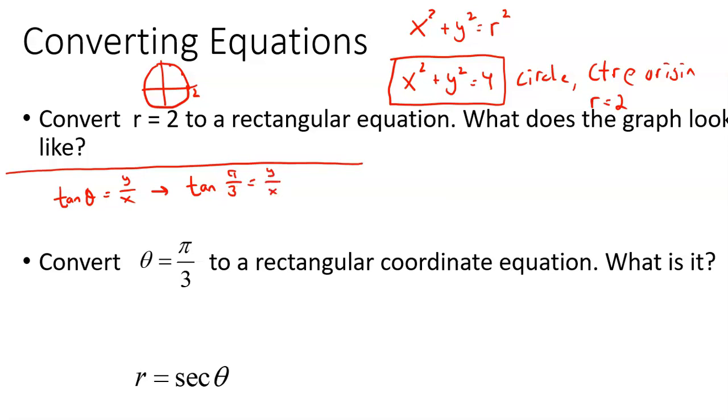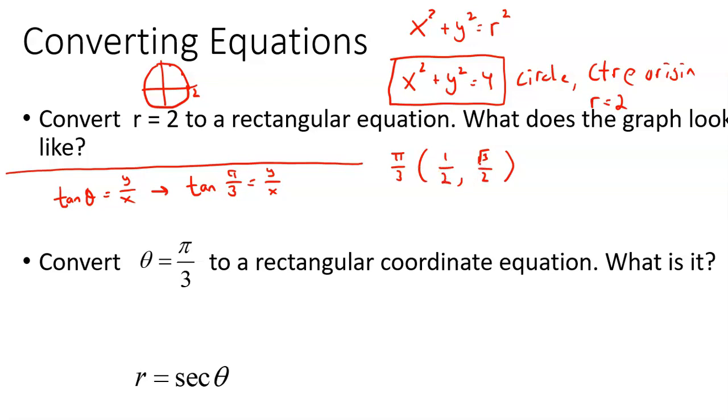Well, what is the tangent of π/3? How can I figure that thing out? Well, go back to your old unit circle. At π/3, what are the coordinates? It's got to be either 1/2 or √3/2. Well, π/3 is up here, so the y value is higher than the x value. So the y value must be √3/2, and the x value must be 1/2.